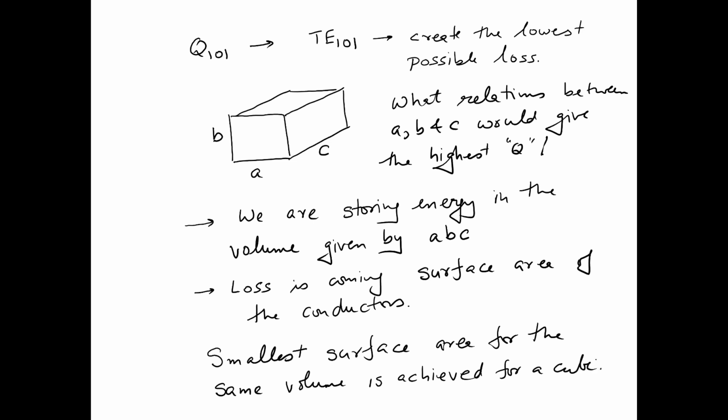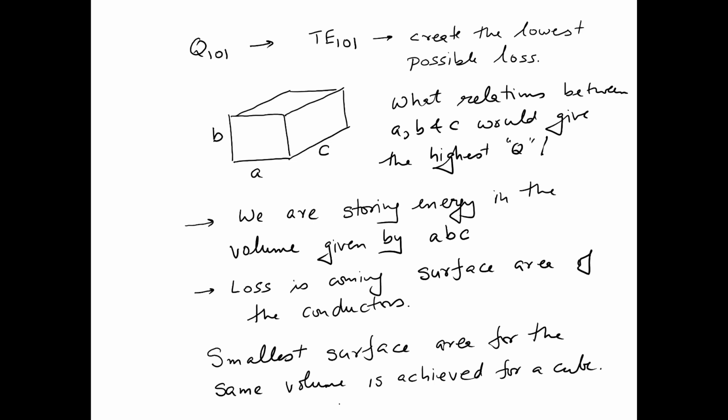That is within the rectangular aspects. Later on, we will look at a cylindrical cavity where the surface area would be even smaller. A circle has the smallest perimeter compared to a square, but the square has the smallest perimeter with respect to the area compared to a rectangle. So for the same volume, the smallest surface area I can achieve is for a cube.